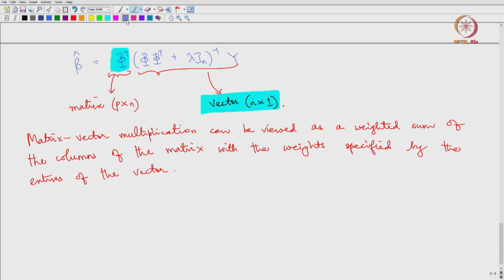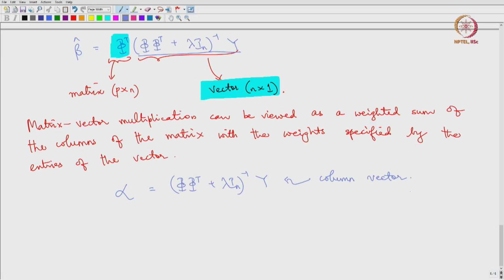So we can write this expression in a really nice way now. Let us denote this particular vector here by alpha. So let alpha be (phi phi transpose plus lambda I n) inverse y. This is a column vector, and let its entries be alpha i.